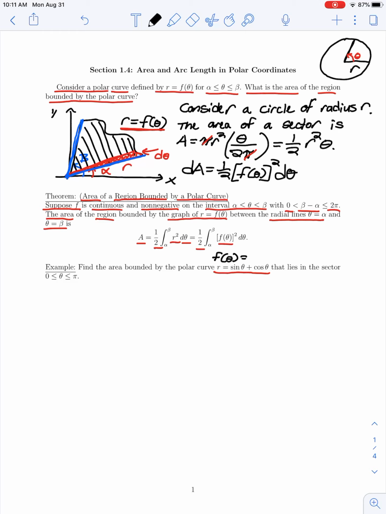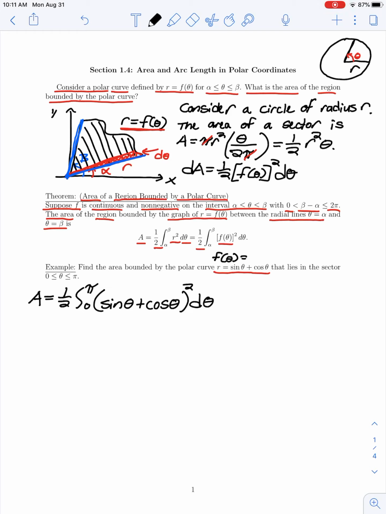So using our new formula for area, we would have 1/2 the integral over our theta interval, in this case from 0 to pi, of r, which was given by sine of theta plus cosine of theta, quantity squared, d theta.